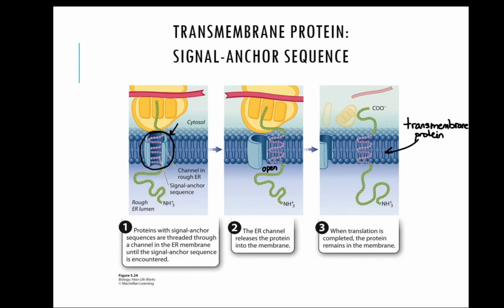Right? It has the hydrophobic part embedded in the hydrophobic part of the membrane. It has a C-terminal region facing out into the cytoplasm. And it has an N-terminal region that is in the ER lumen. Okay?